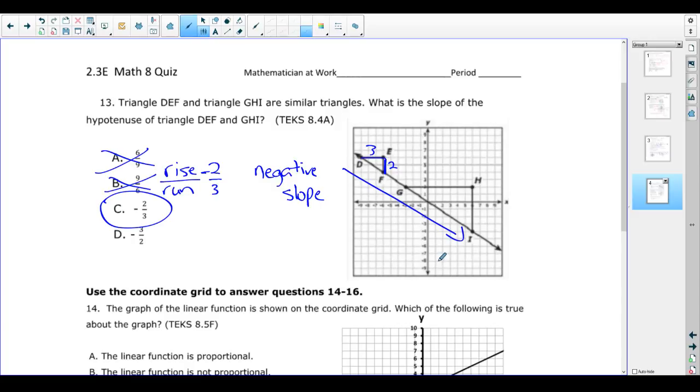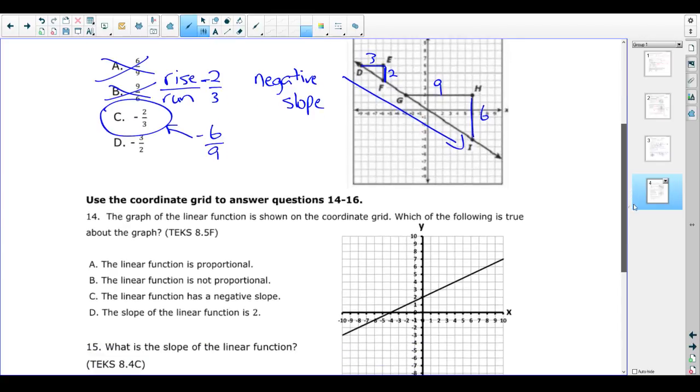That's this answer here. We also could have done it over here. This is 6, and this is over by 9. So if I said 6/9, made it negative, that still simplifies to 2/3, because if it's on the same line, it's the same slope no matter what points you pick.